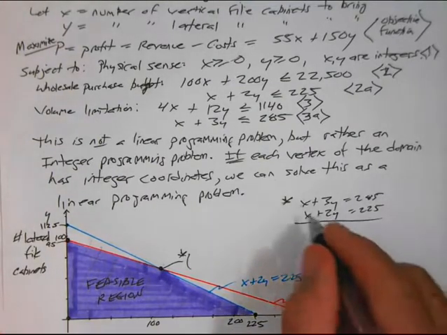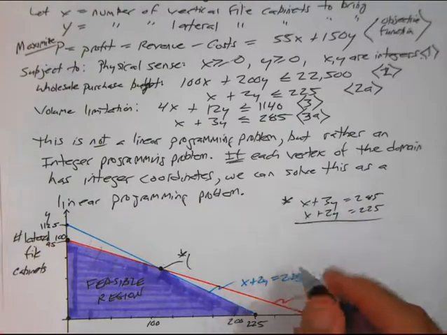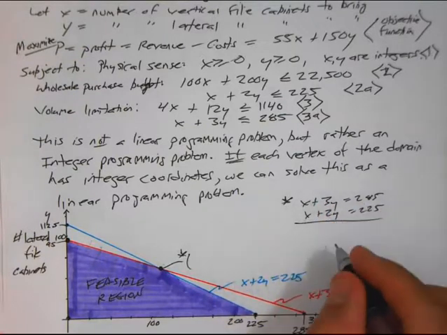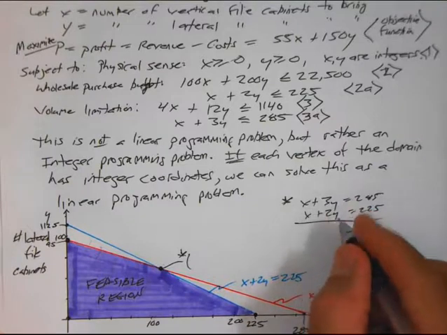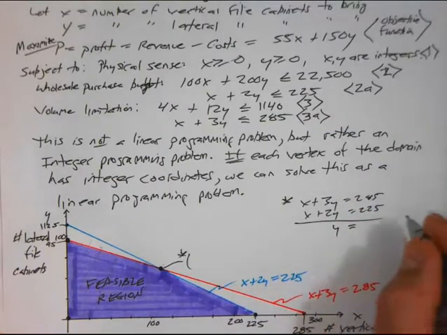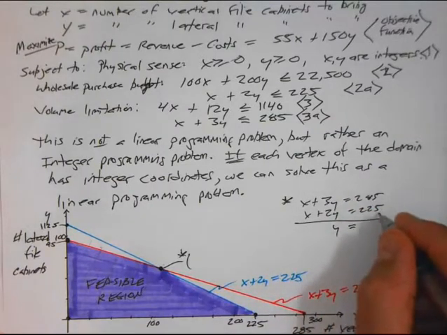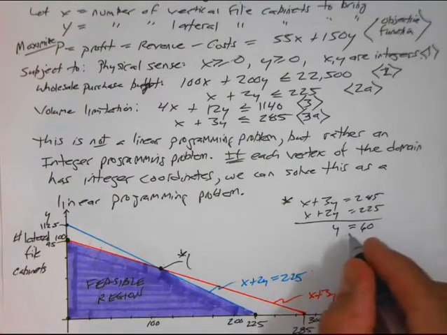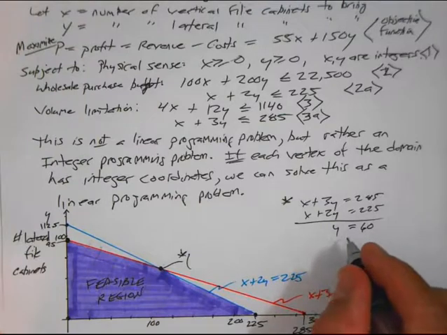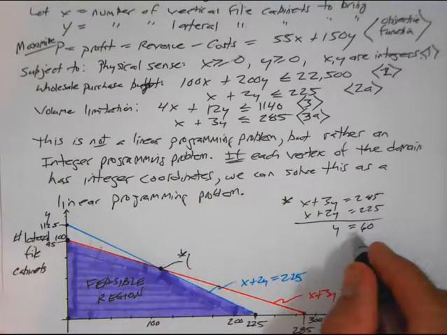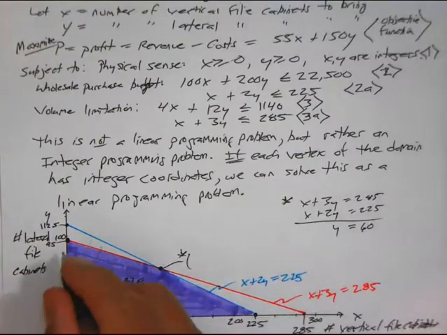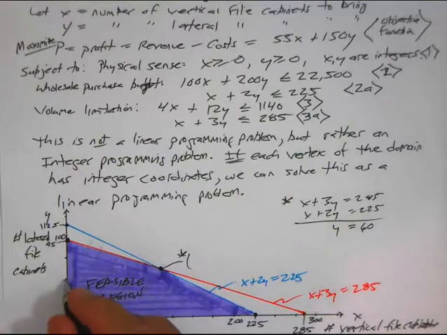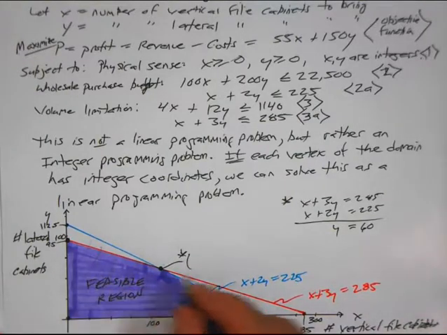How about first equation minus the second? x minus x, x's are eliminated. 3y minus 2y is y. 285 minus 225, 60. Okay, let's look for some graphic consistency before we go further. Does this point look like it has a y equal to 60? These are 25 apiece, 50, 75. Yeah, looks consistent with the graph.